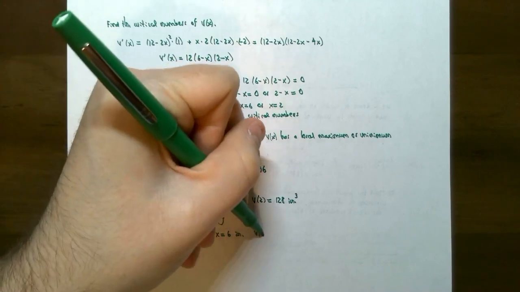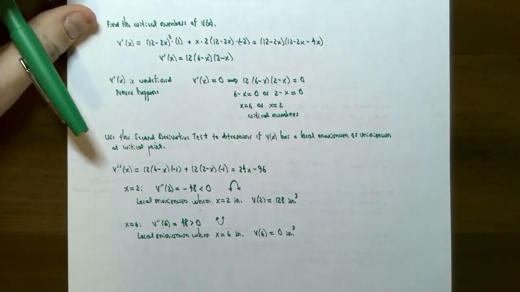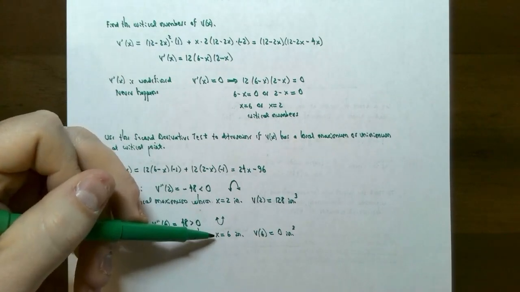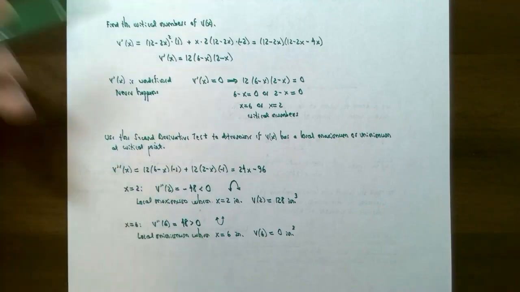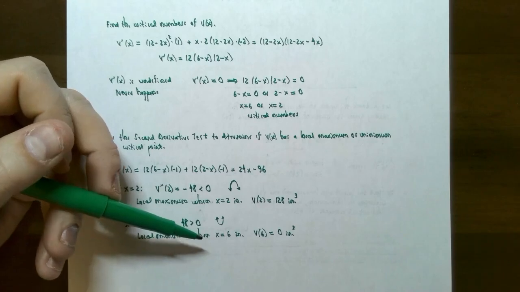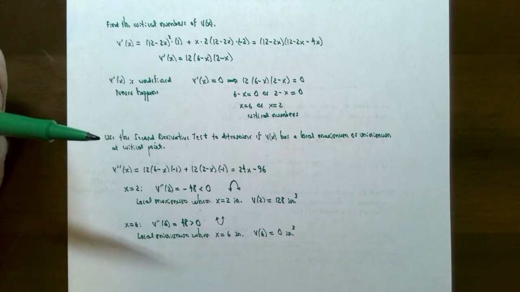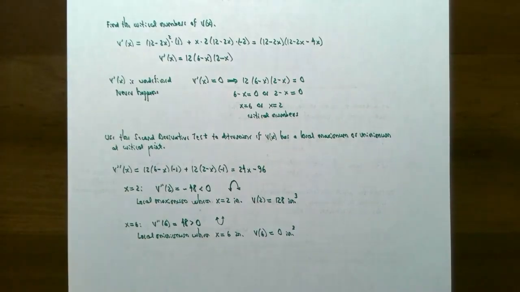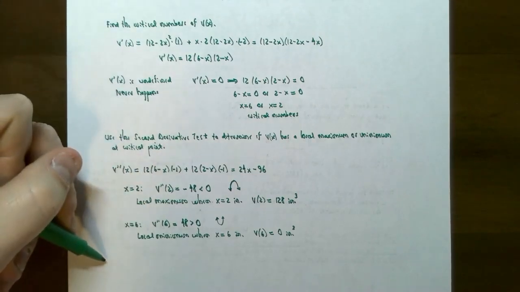And if you substitute in 6 into the volume, you're going to find out it's 0 inches cubed. Now that does make sense. If you cut out 6 inches from each corner, you won't have any length or width remaining for the box because you cut out the entire side of the 12 inches. So no volume. So how does this help us explain what has happened and answer the problem?